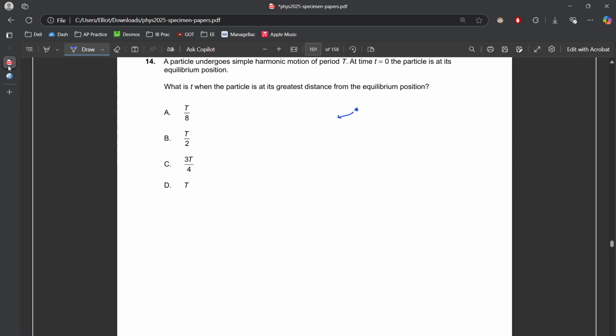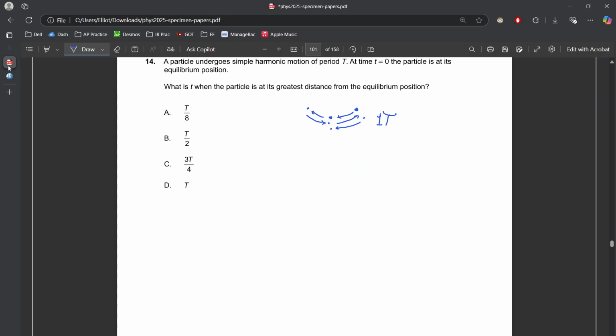It's going to go here, here, here, here, here. Okay, so that's one period. So this is 1T.